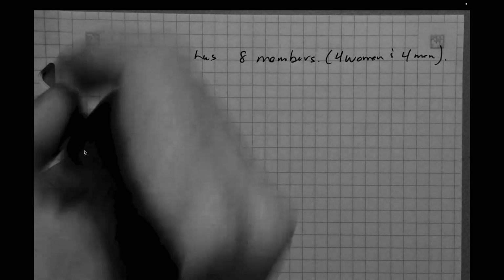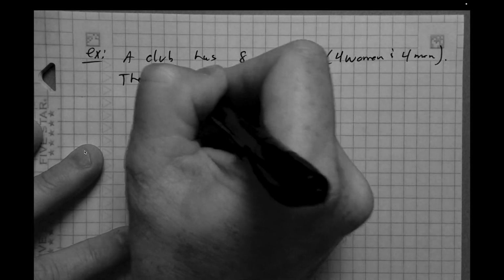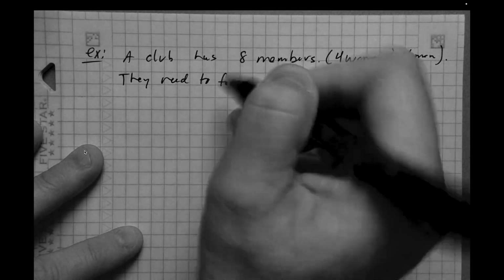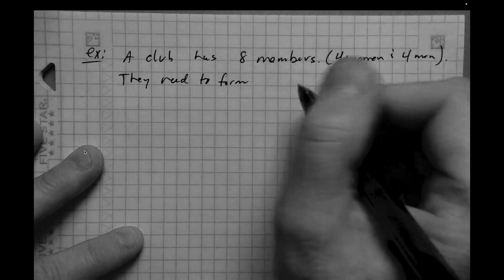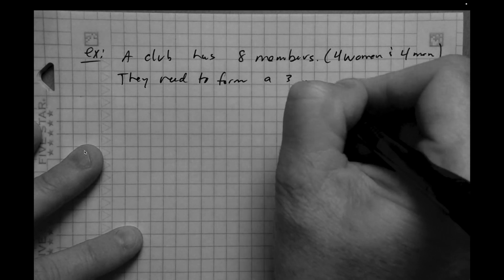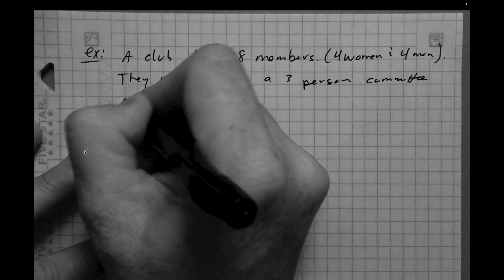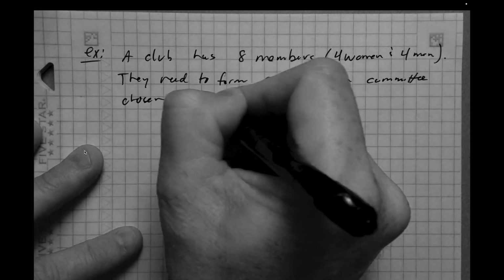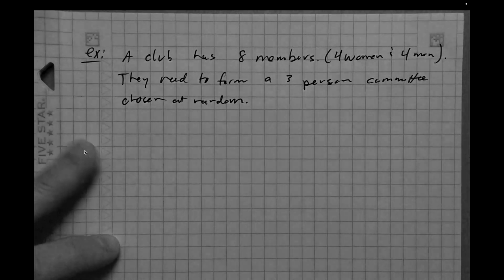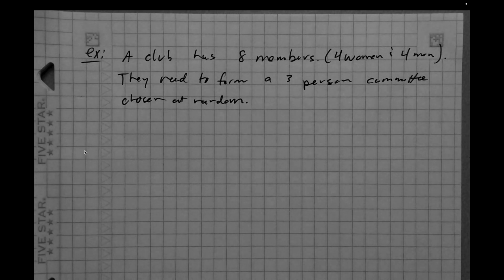They need to form a 3-person committee chosen at random. So I've got 8 members total, 4 women, 4 men. I need to form a 3-person committee chosen at random. Right? What's the probability that the committee contains at least 1 woman?